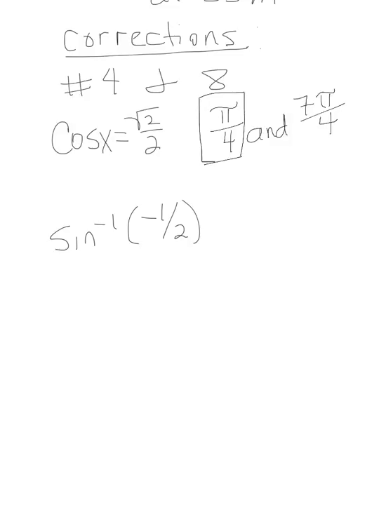Okay, sine is negative 1/2 at 7 pi over 6 and at 11 pi over 6. And since 11 pi over 6 is the angle that's in the right side of your Cartesian plane, let's go ahead and choose this one as the better of the two choices for our sine angle.